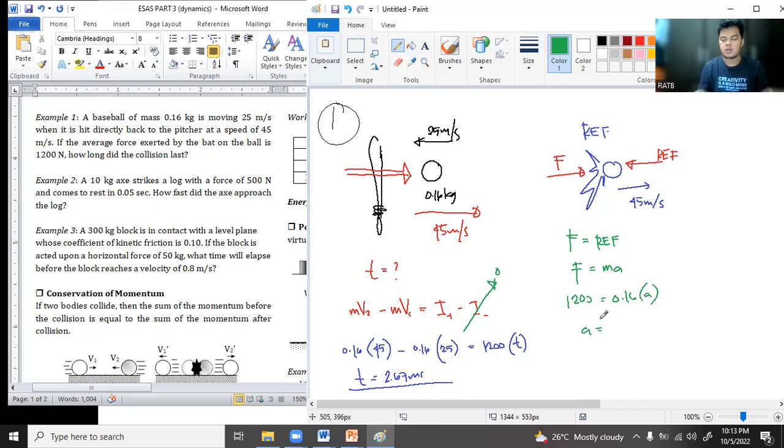So you can calculate the acceleration as 7,500, the unit of which is meters per second squared.